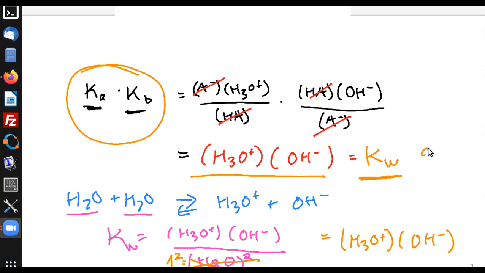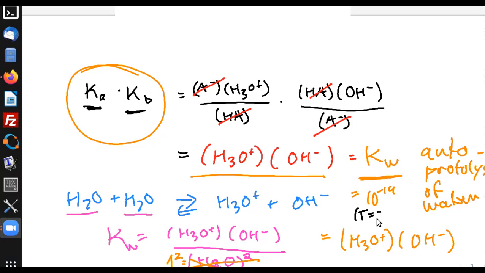We call it the autoprotolysis constant of water. It has a special value, 10 to the minus 14, at least at 298 kelvins.